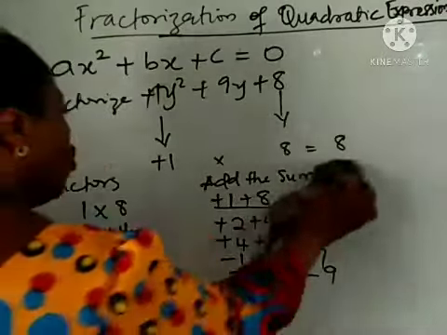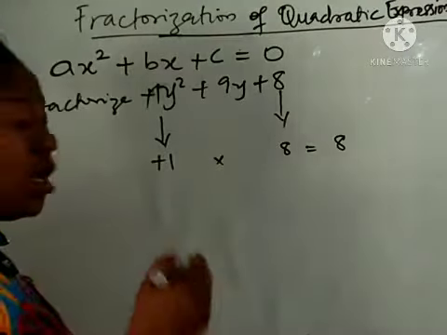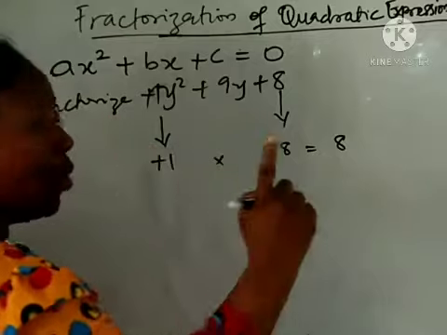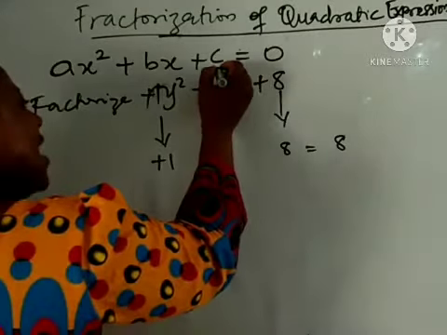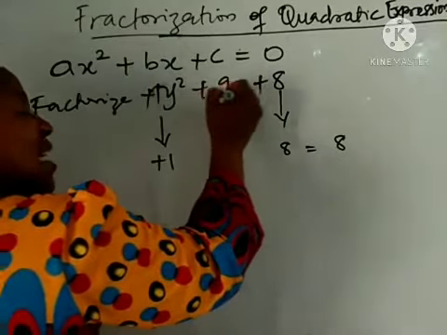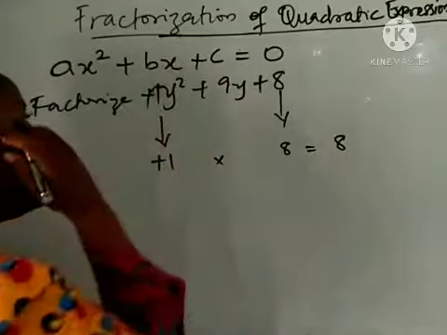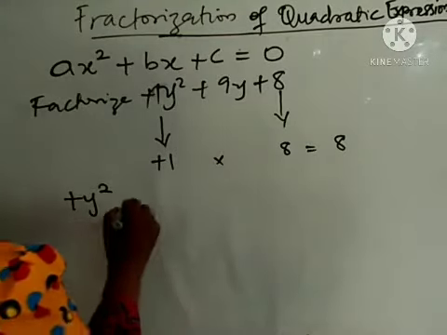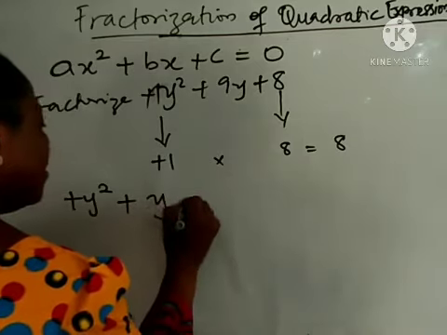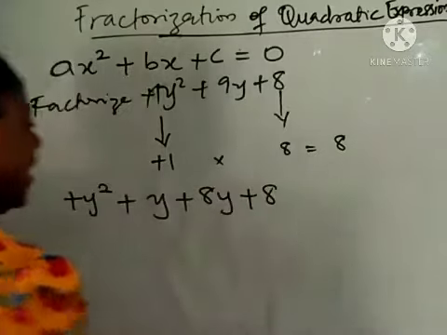So we already know the sum that will give us plus 9. So what we just do is we come back. Our sum there is going to be plus 1y plus 8y. So now we are going to replace this plus 9y with the sum. So this will give you plus y squared plus y plus 8y plus 8.